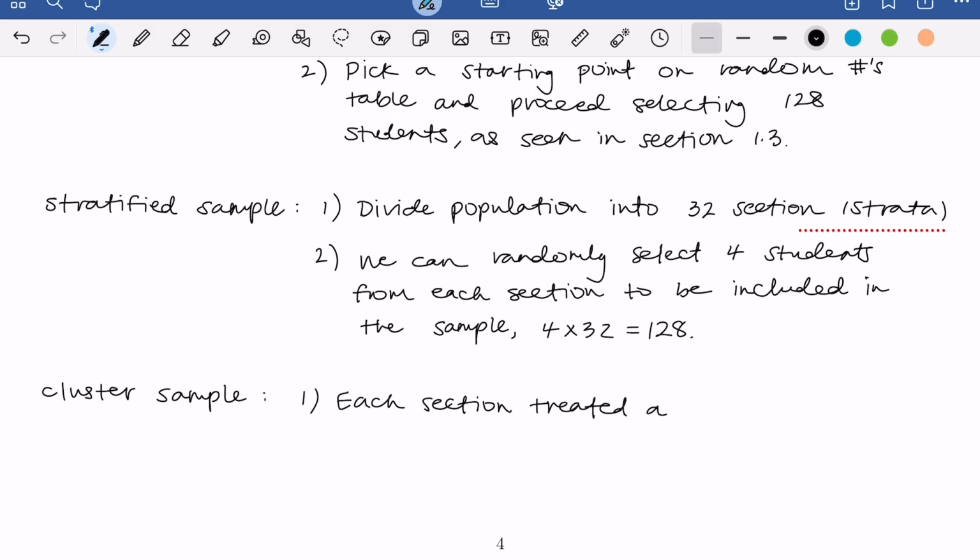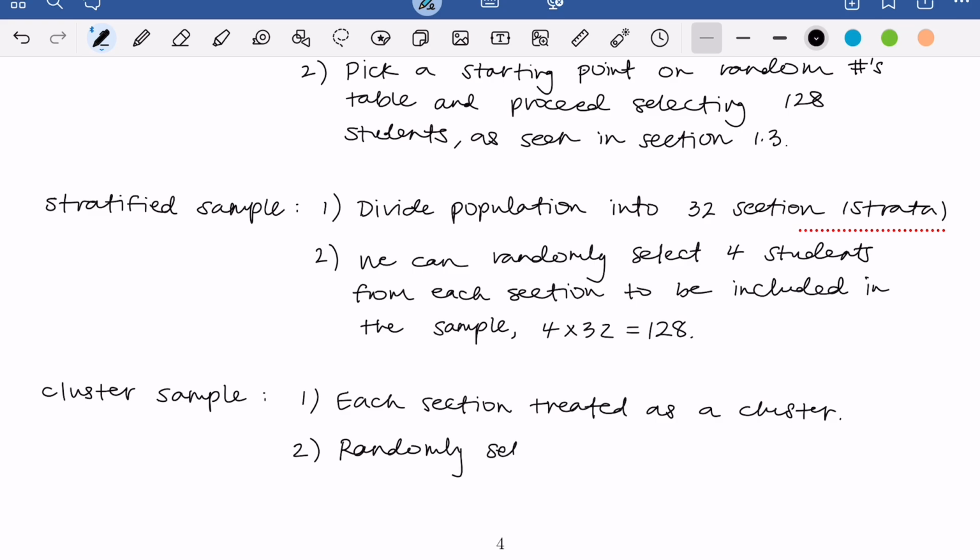Now, the second step is that we're going to randomly select a few different clusters and include everyone in those sections in this sample. So we're not randomly selecting individuals, we're randomly selecting these clusters, or in this case, these sections of college algebra.